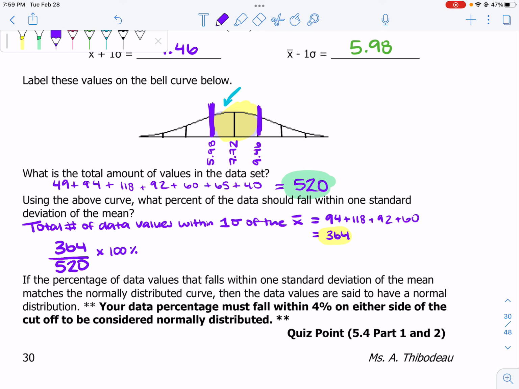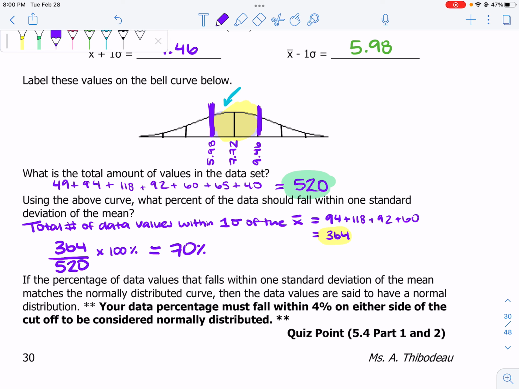If we got 16 over 32, we'd get 0.5. We have to multiply that by 100 to determine the percentage. So when I divide 364 by 520, I get 0.7. But when I times that by 100%, I get 70%.